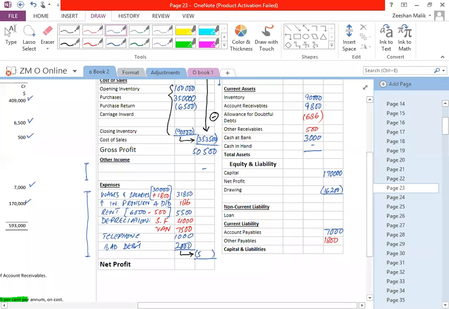Answer is 51986. What to do next? So you need to subtract the expenses from gross profit. Uh-oh, it's a loss. 1486 का आपको लॉस हो रहा है, लॉस फॉर द ईयर. इसे लिखते हैं लॉस फॉर द ईयर.